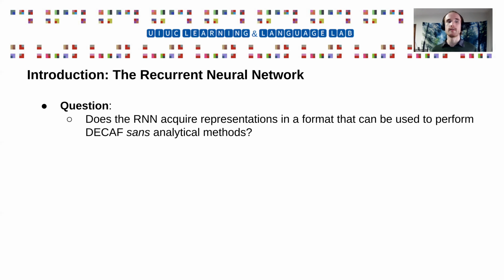It's somewhere in the contextualized representations at the hidden layer. We know in principle the knowledge is there and it can do that. The question now is, can the RNN learn to represent this information in a format that can actually be used in a way that we think is plausible to be performed by children, right? So in particular, can we access this knowledge in the RNN without these sophisticated analytical methods?